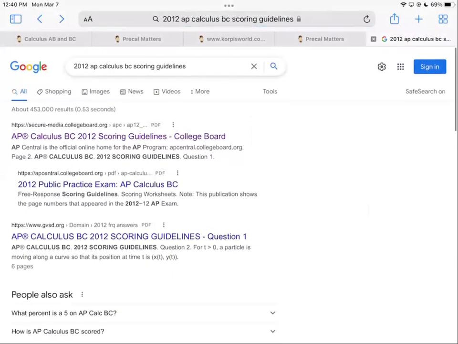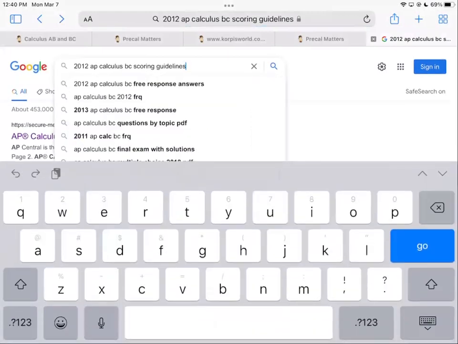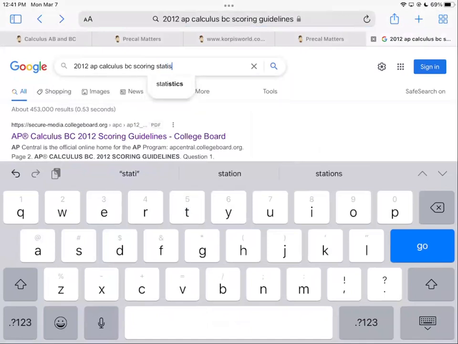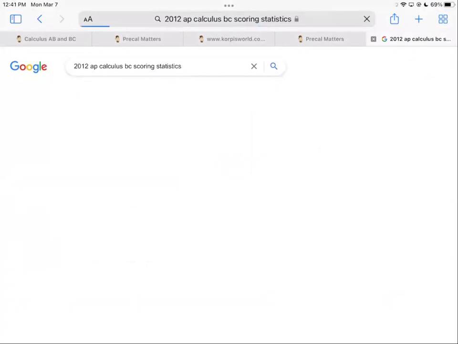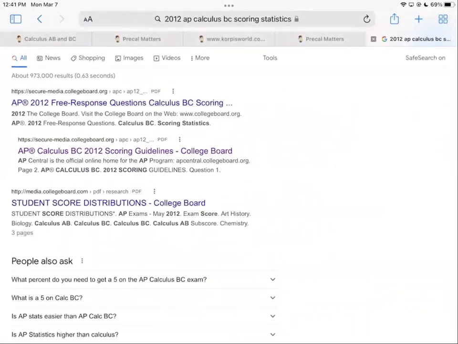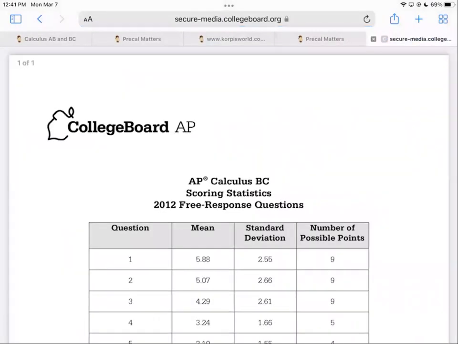Now let's look not just at the scoring guidelines, let's look up the scoring statistics. Let's see. Is it AB? Is that the scoring? Okay.